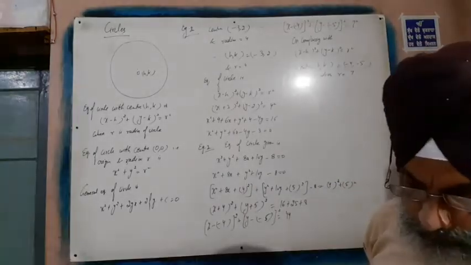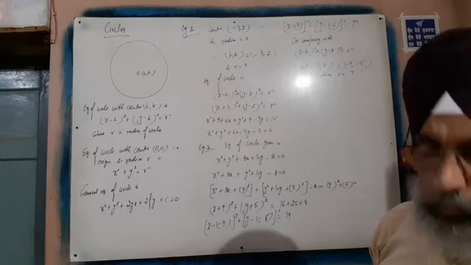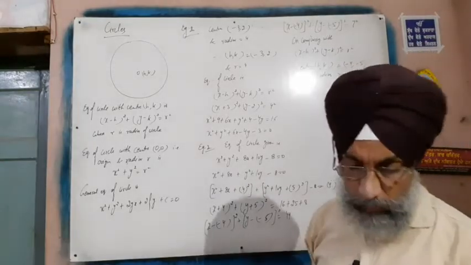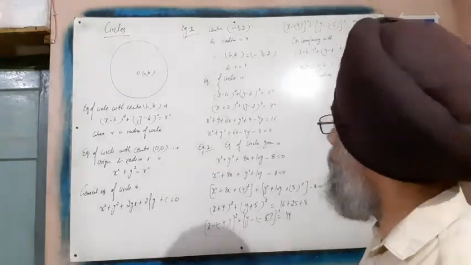See the example number 4. Find the equation of circle which passes through the point 2, minus 2 and 3, 4 and center lies on the line x plus y is equal to 2.